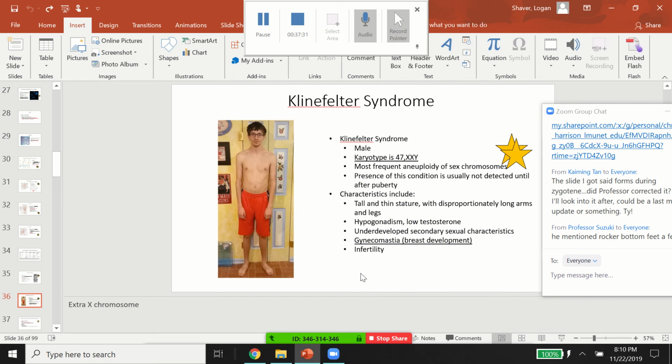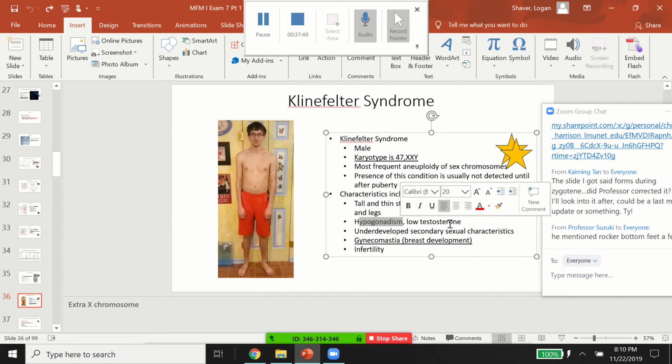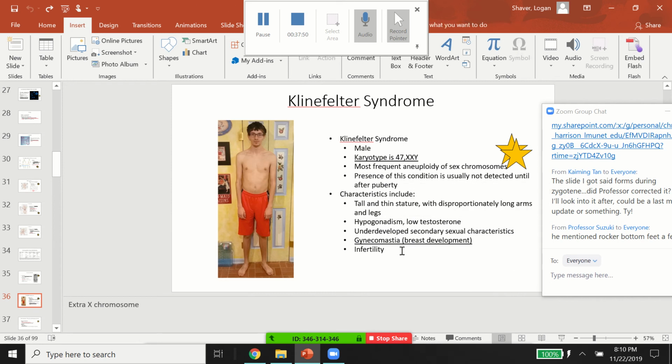So that's one thing that really stands out to me. And along with that, you can group all these three things together, at least in my mind, I kind of do, right? Gynecomastia, obviously they have lower testosterone, if they're able to get breast development. So therefore, I tend to think hypogonadism, lower testosterone, and maybe they're just having problems with the secondary sexual characteristics.